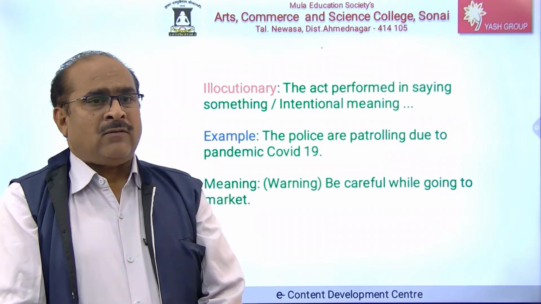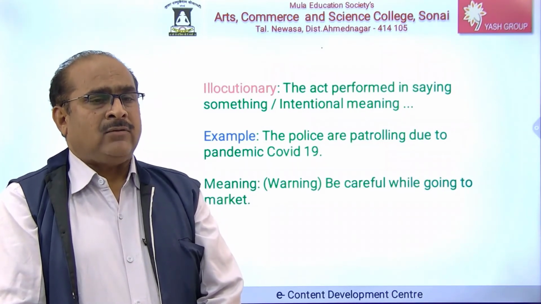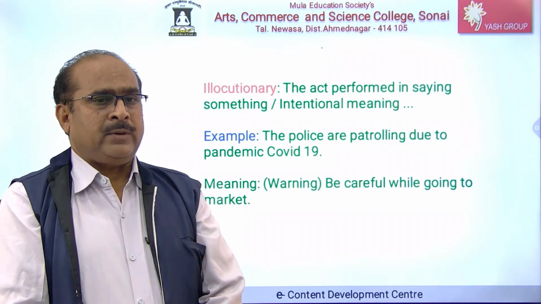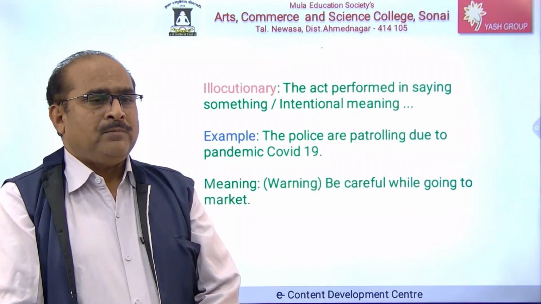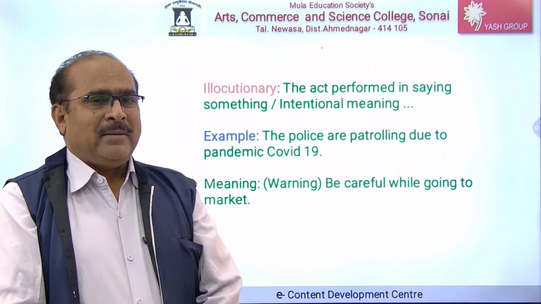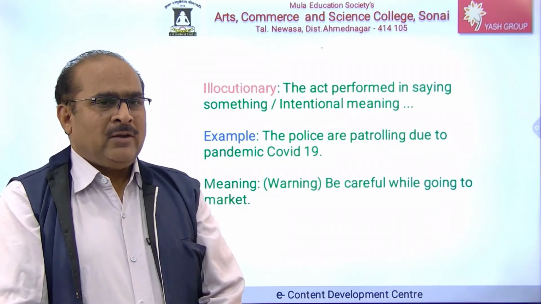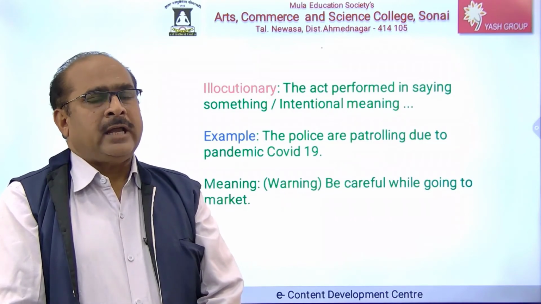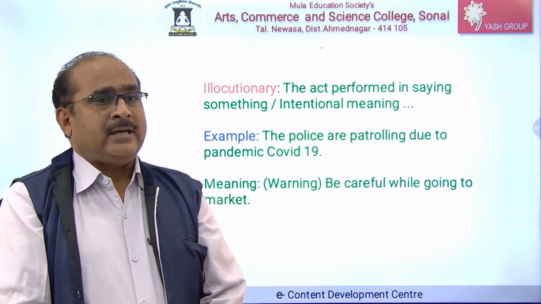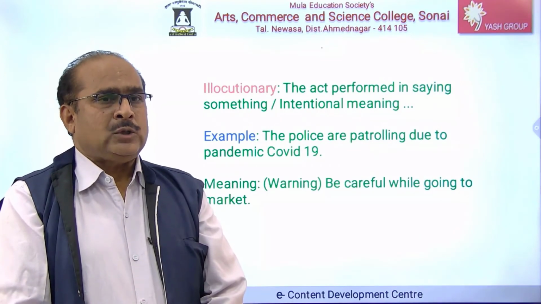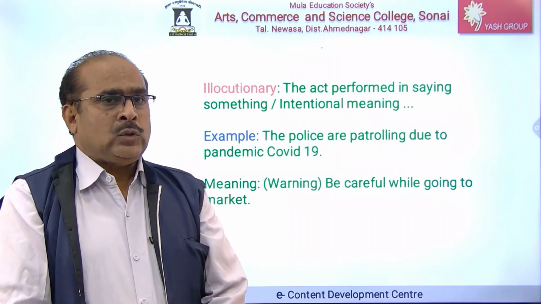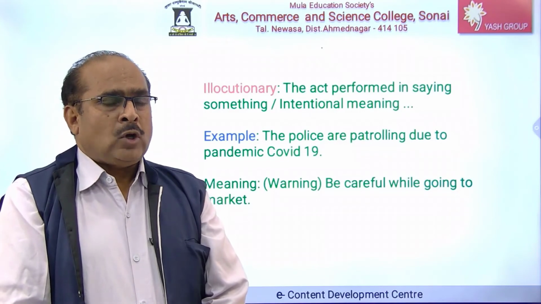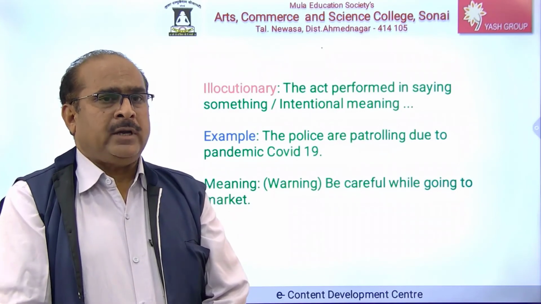If the meaning of that sentence is a kind of warning, where the speaker wants to say, be careful while going to the market because police are there on the road, they might not let you go. If you want to give this kind of warning, then we can say that it is an illocutionary speech act, right? So the illocutionary speech act is an act where the listener tries to understand the meaning of the expression. He wants to know what exactly the speaker wants to say.